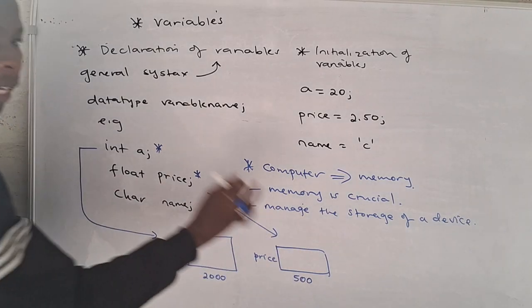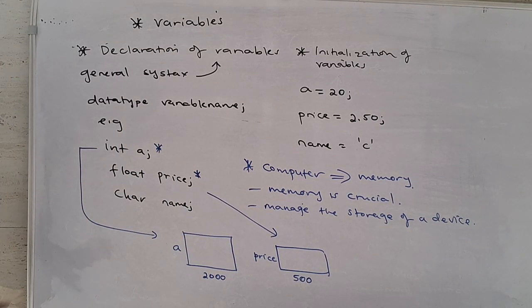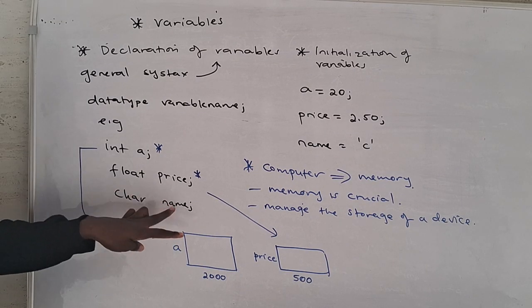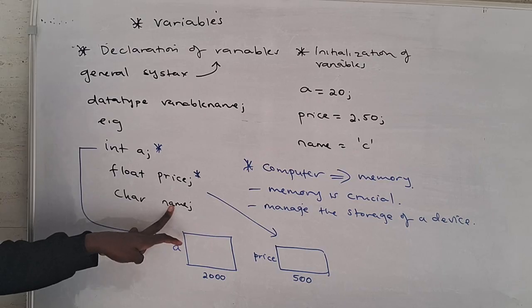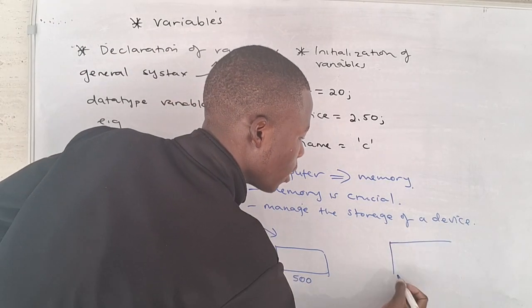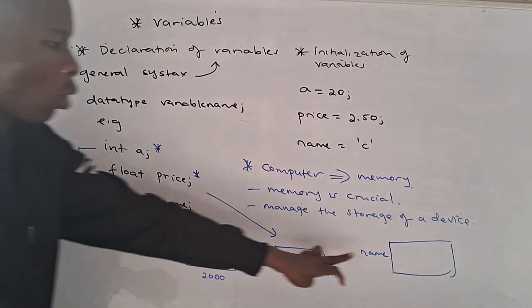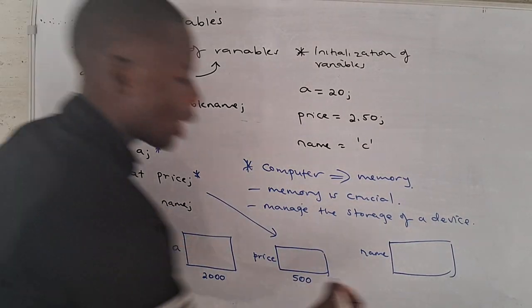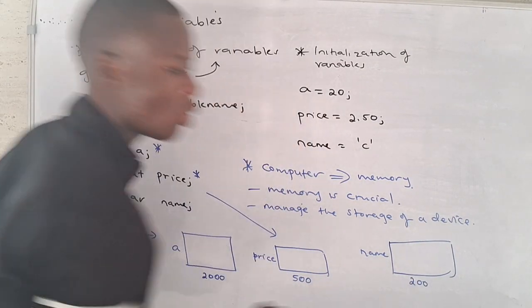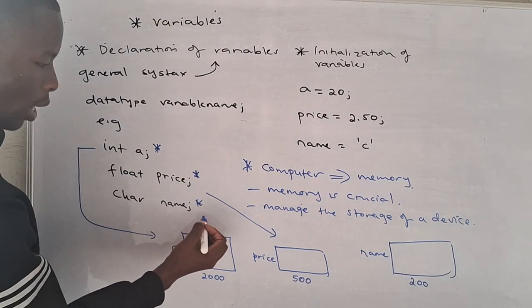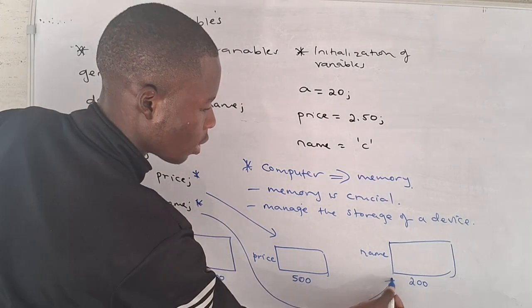This will happen again in the computer. Here I have car name. Again, some space will be allocated for this variable called name. Suppose the memory address is 200. You see? These three statements are giving rise to these three blocks.